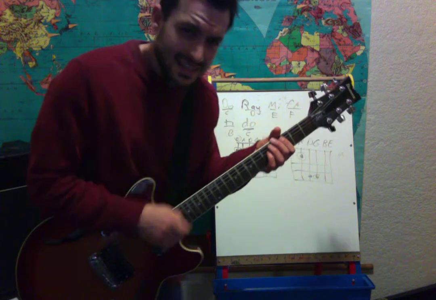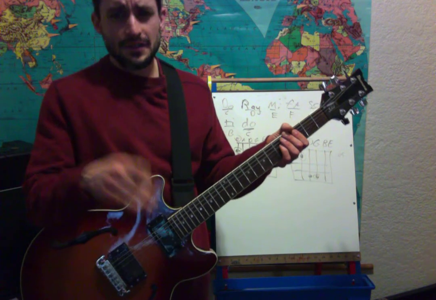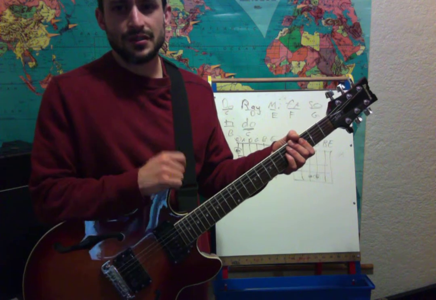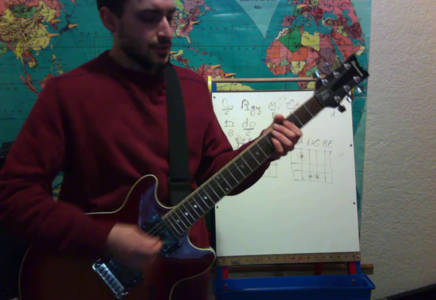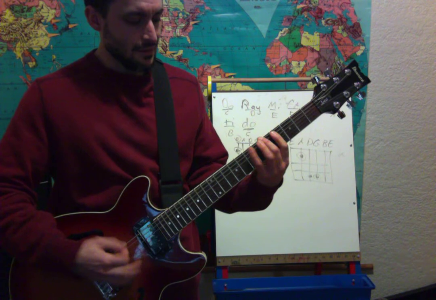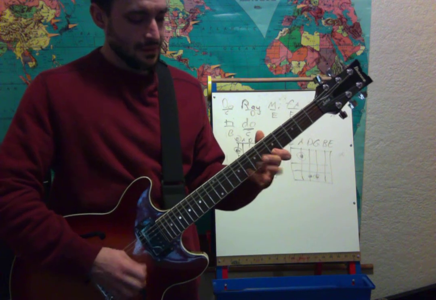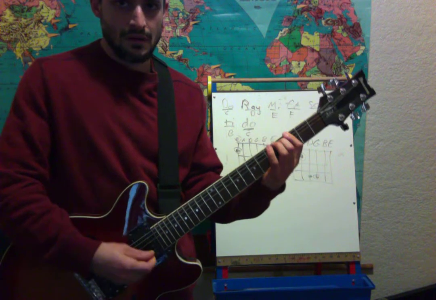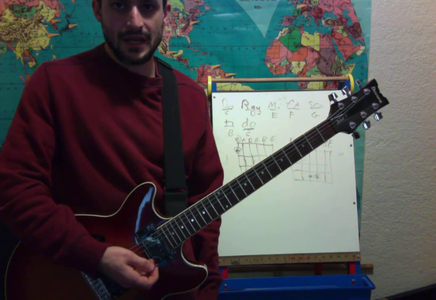So in any style of music, you have a few different things. You have the types of chords that you're going to use. Like in blues, it's mostly like dominant chords, like you're not going to be able to use that in punk rock.